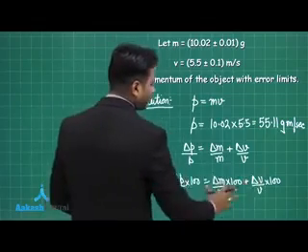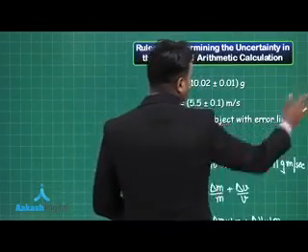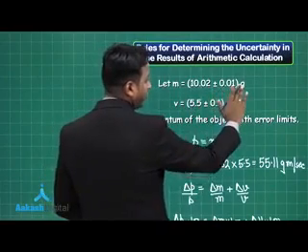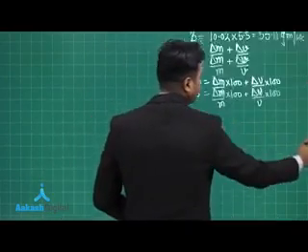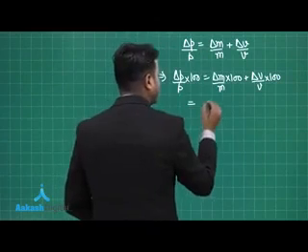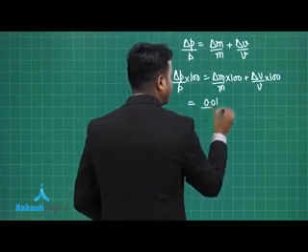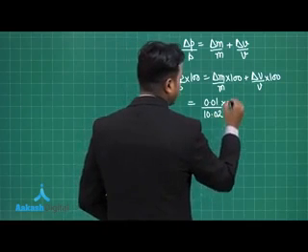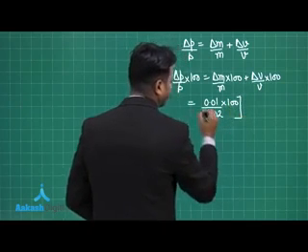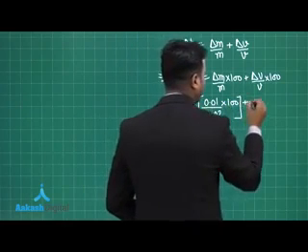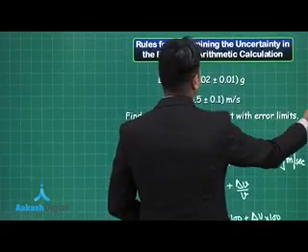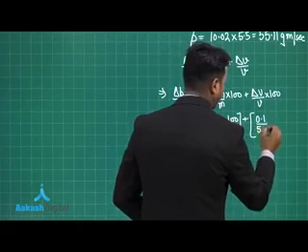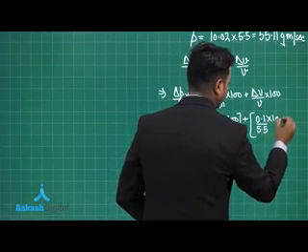So let's try to write it down separately. Now tell me what is delta m by m. Delta m is 0.01 divided by m, which is 10.02. So I can write it down: this is 0.01 divided by 10.02, then multiplied by 100. This is the first number that we have. Then plus, we have the next number as 0.1 divided by 5.5 into 100.